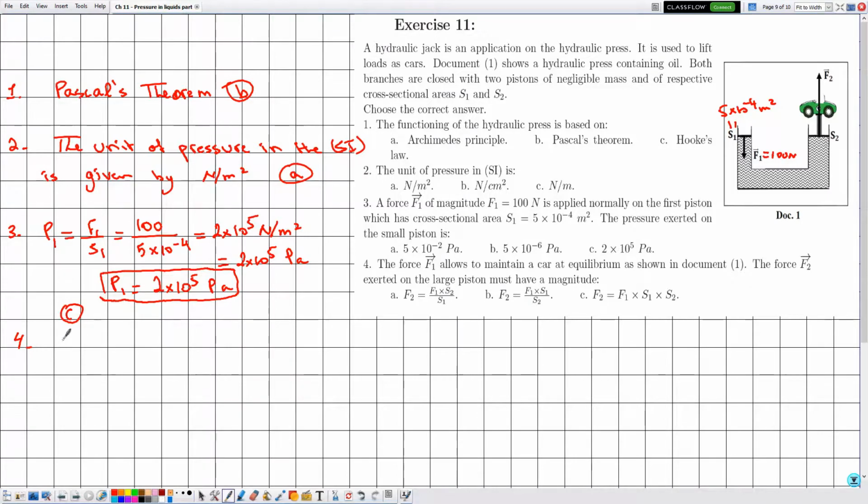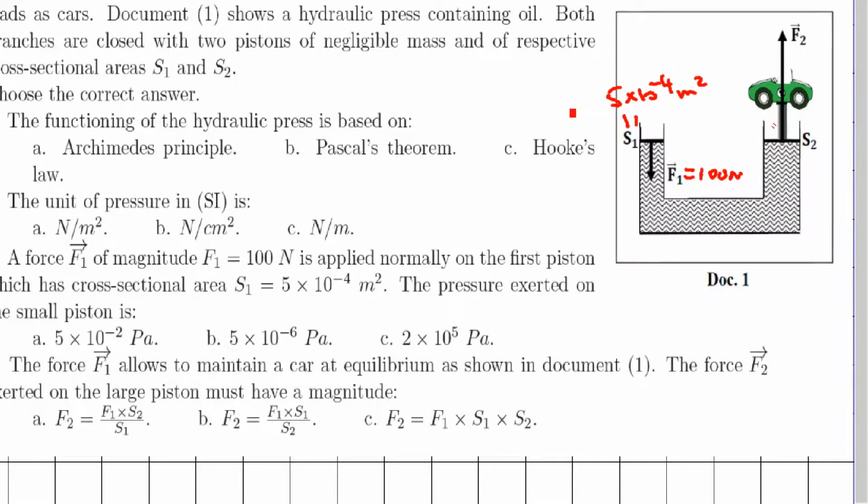So according to Pascal's theorem, we have that the pressure at the point 1 is equal to the pressure at the point 2.